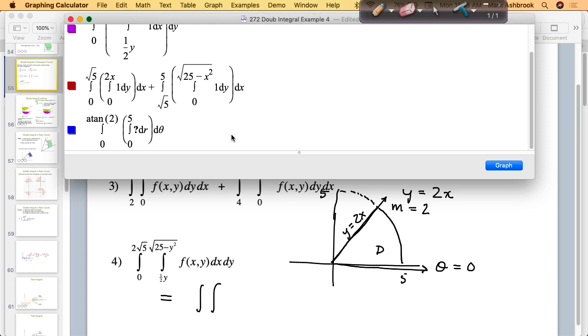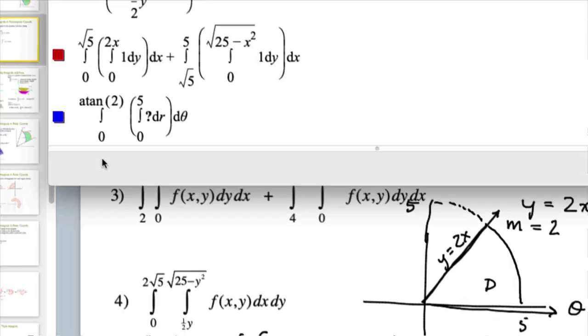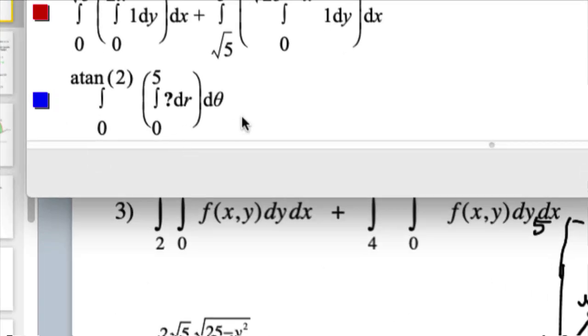It's where the integrand is supposed to be. What should we integrate to get area? r, right? Because it's 1 times dA, but what's dA in polar coordinates? r dr d theta, not just dr d theta.